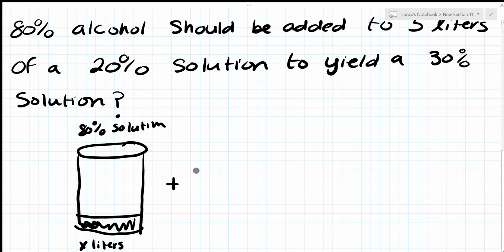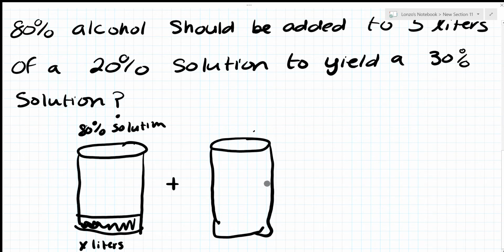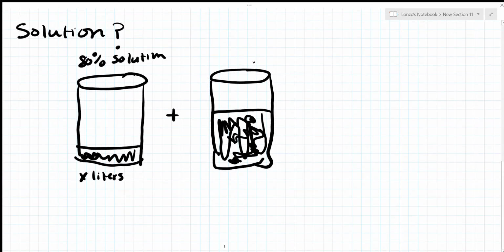And then if you add another solution, here's my other flask. This one's a little bit more. This one is about 5 liters. So this one's 5 liters, and this one is a 20% solution.